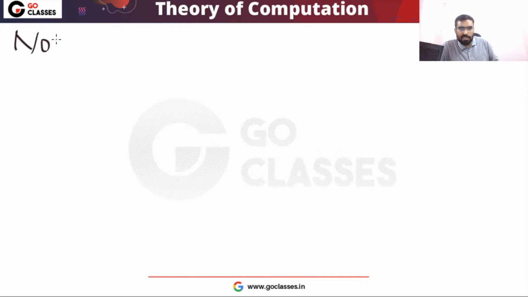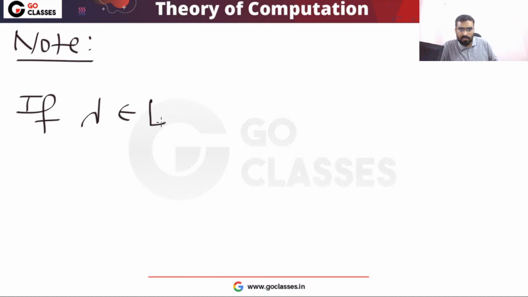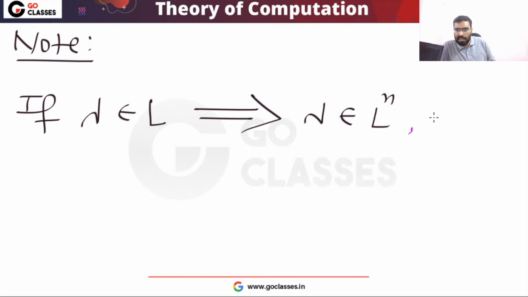Do you remember this result, that if the empty string belongs to L, then the empty string belongs to L power n for all n, correct? Yes or no? We have already seen this. If the empty string belongs to L, then it will belong to L power n for all n.